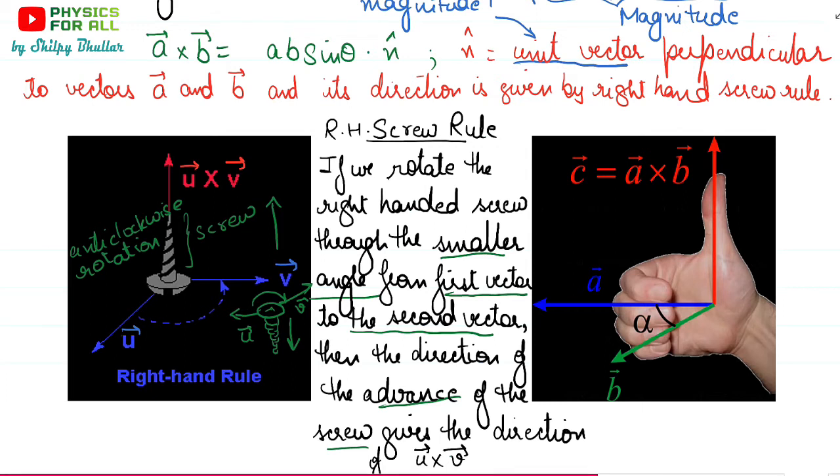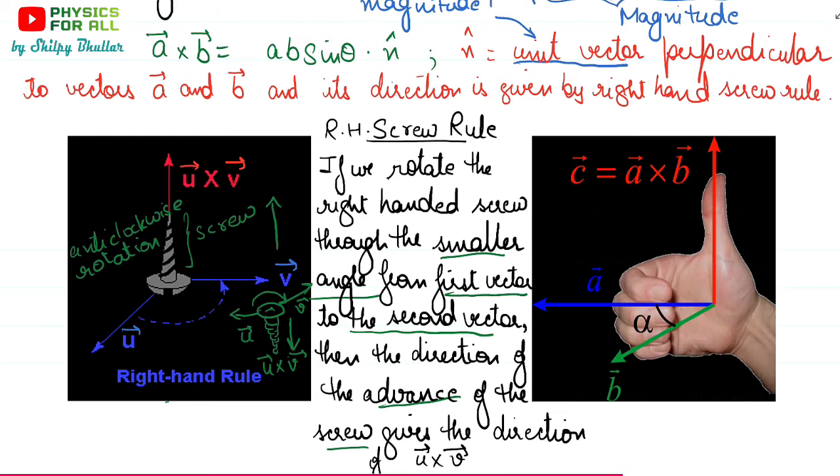So this downward direction gives us the direction of the final resulting vector. It's all about the direction in which we are rotating the screw. If you are rotating it anti-clockwise from u to v, then it will go upwards.